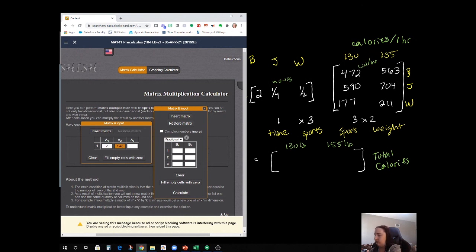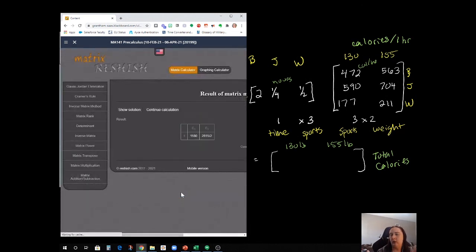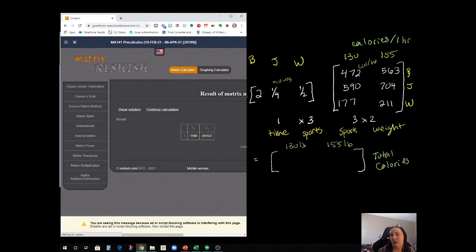I will attempt and see if it does. It does allow us fractional here, so I'm assuming that we can do fractional here. 472, 3, 590, 704, 177, 211. Okay. Yes, so you can do fractions. And you know that this is going to give it to you as a fraction as well.